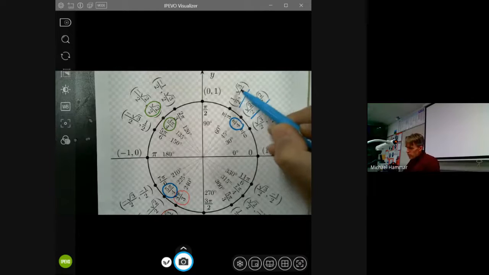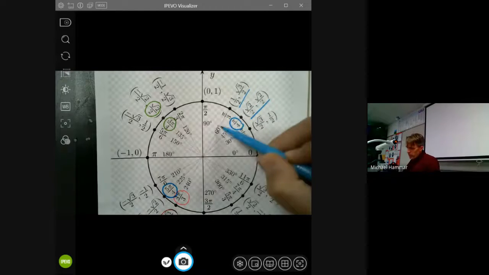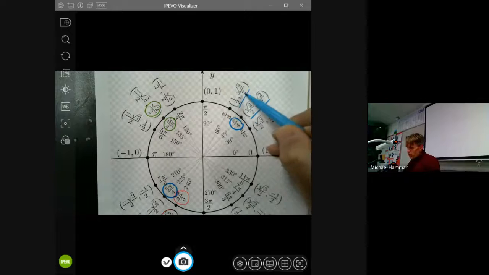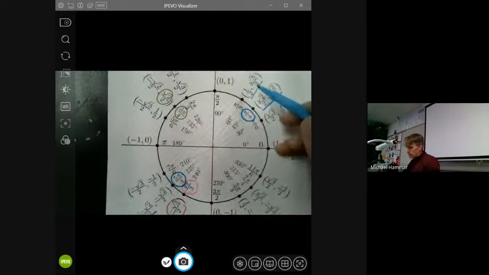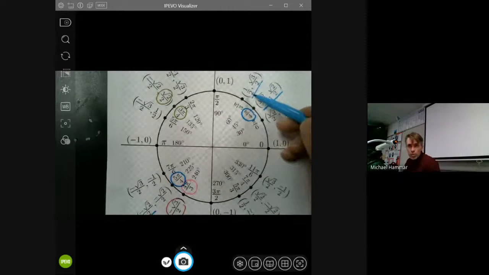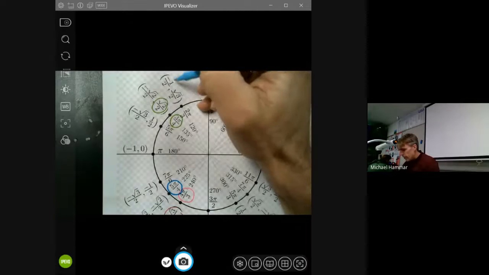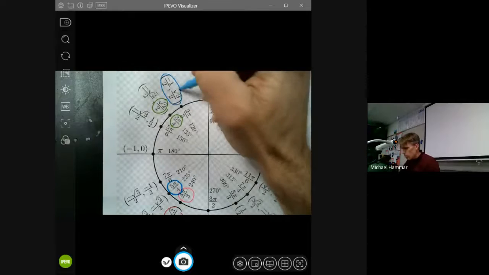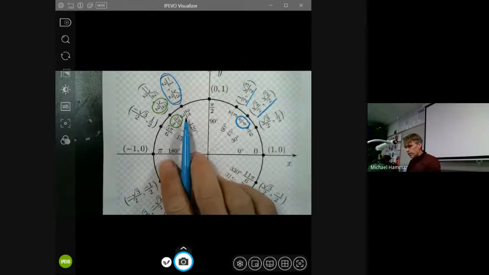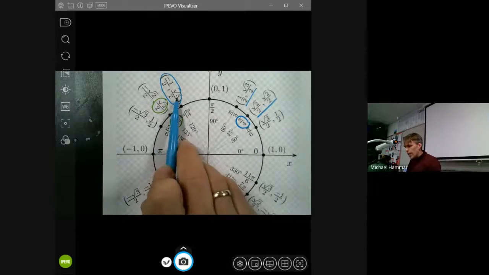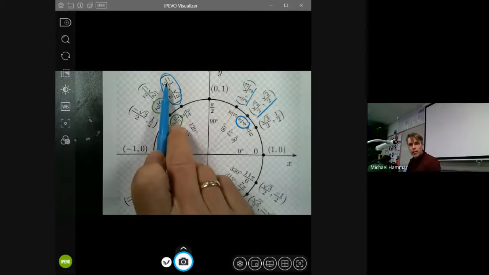Let's try square root of 3 over 2. It's positive, but we need negative. I know for a fact this one's going to be positive, so let's go to its counterpart over here. It's going to be y divided by x.